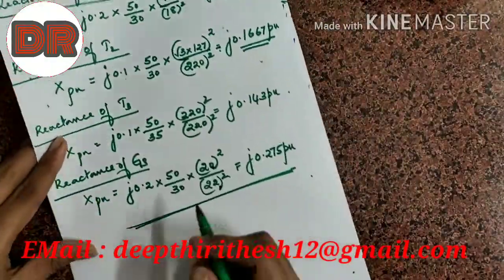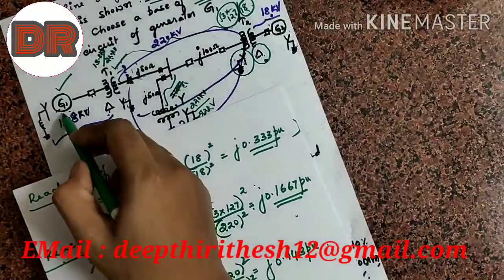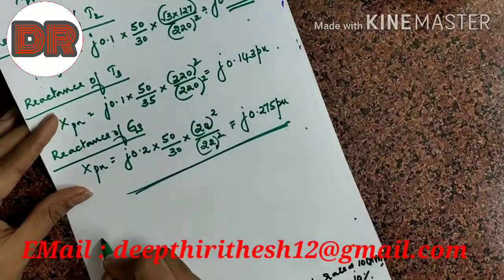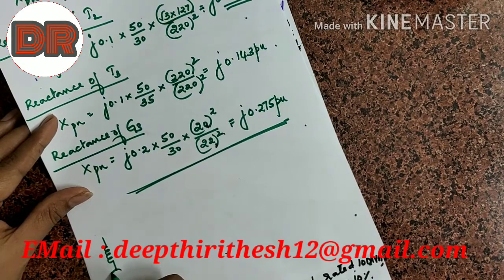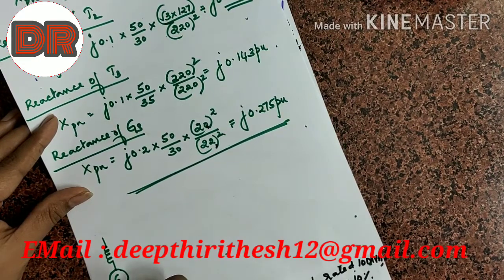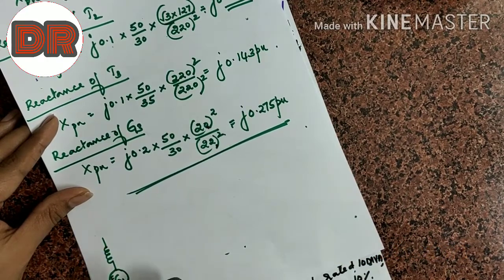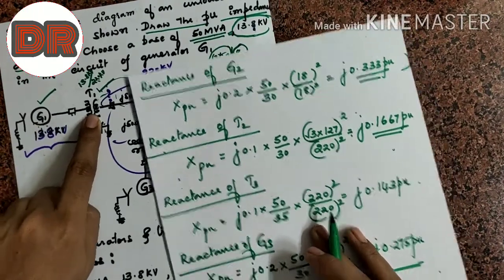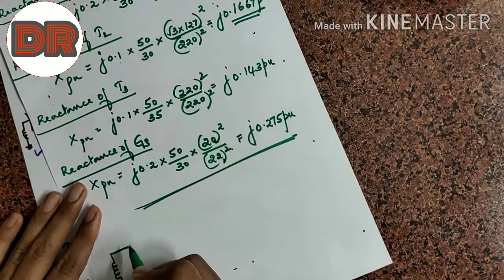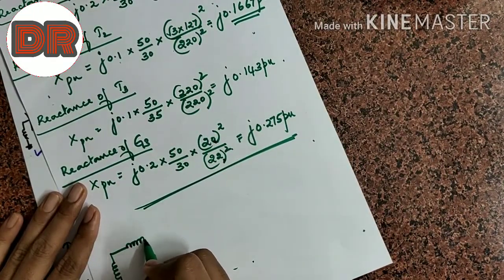So we have generator here. So for generator, it is a reactance and EG1, EMF. Okay. Then after generator, we have T1. So for transformer, it is only the reactance.